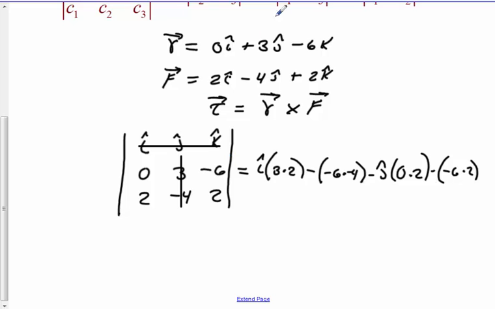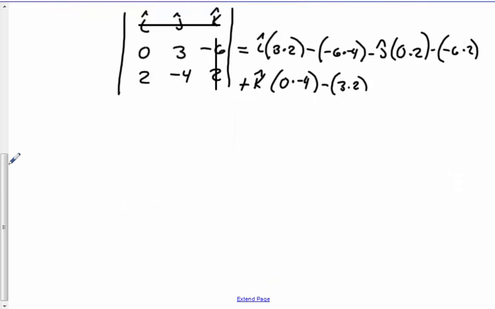And now when it comes to my k value, the only thing I'm really going to do is slide this over here, and to get the k hat, I do plus k hat of 0 times negative 4 minus 3 times 2.